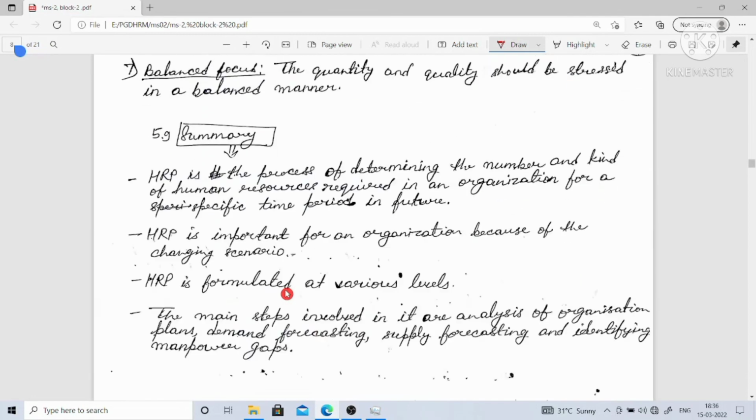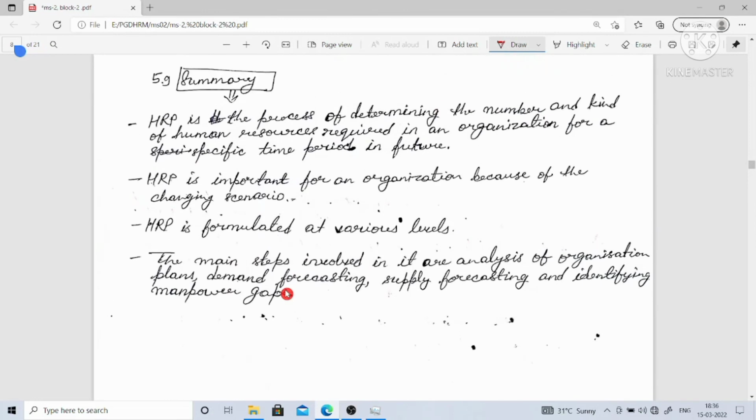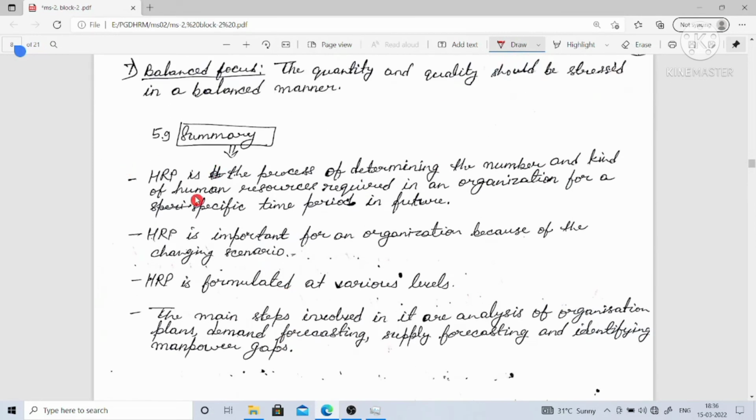So in summary, human resource planning is the process of determining the number and kind of human resources required in an organization for a specific time period in the future.